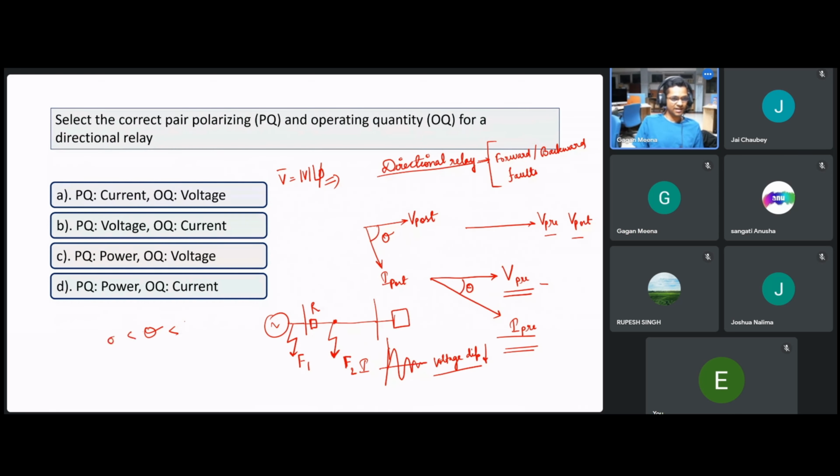So based upon this phasor, whether it is less than 180 or more than 180, we can say whether the fault is forward or backward. So now can you tell which option is correct? Which one is the polarizing quantity and which one is the operating quantity?